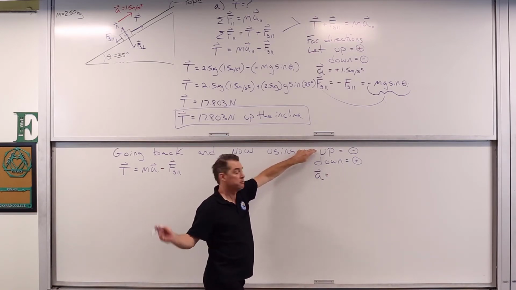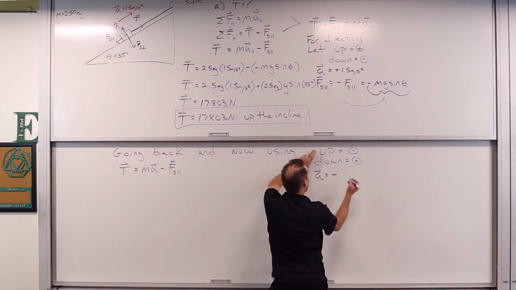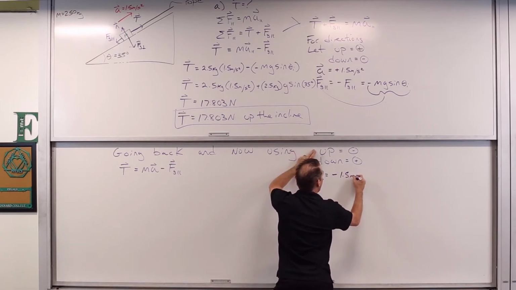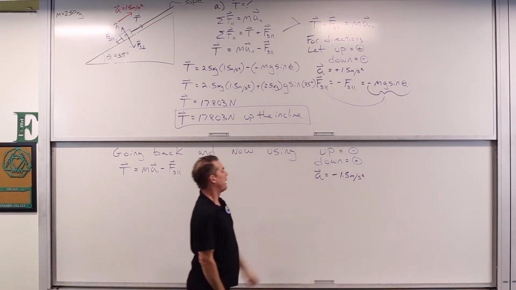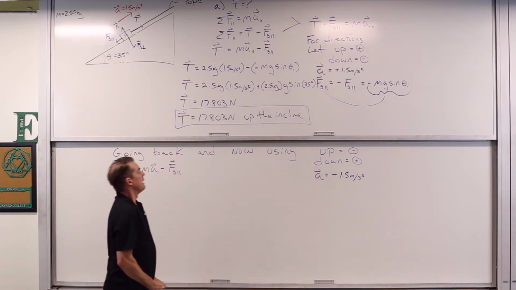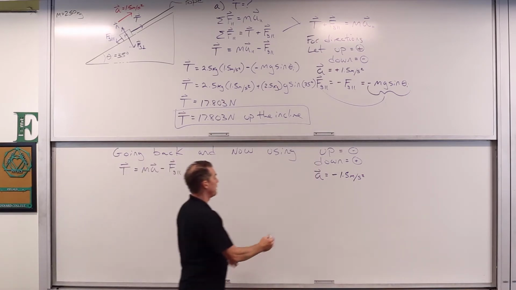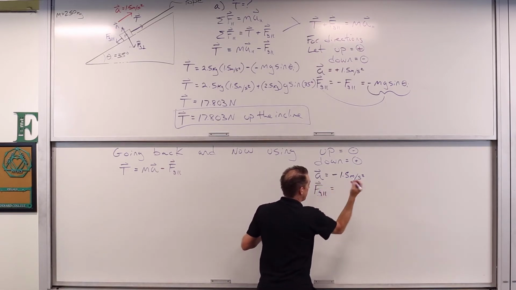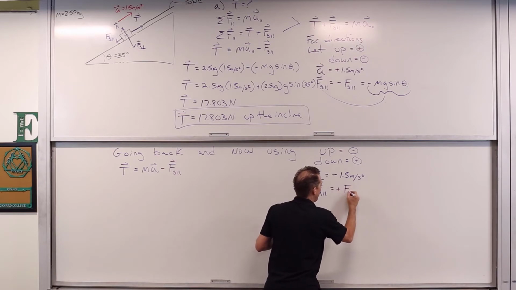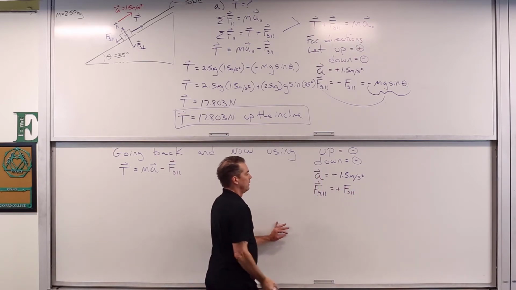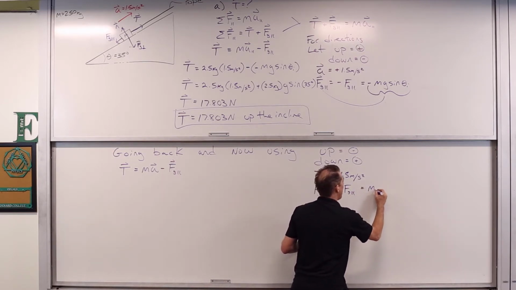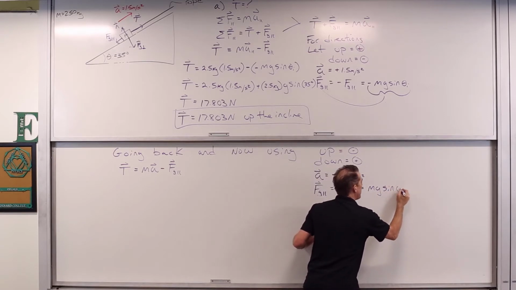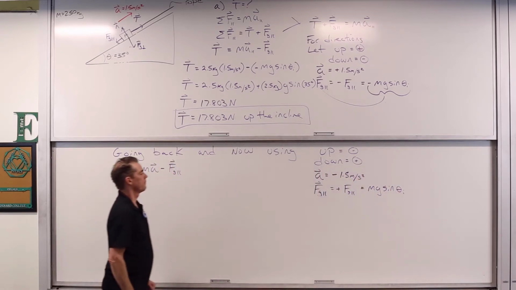So A hat is going to be negative 1.5 meters per second squared. The negative says up. Now positive's down, so FG parallel hat is just equal to positive FG parallel, which is just mg times the sine of theta sub I.